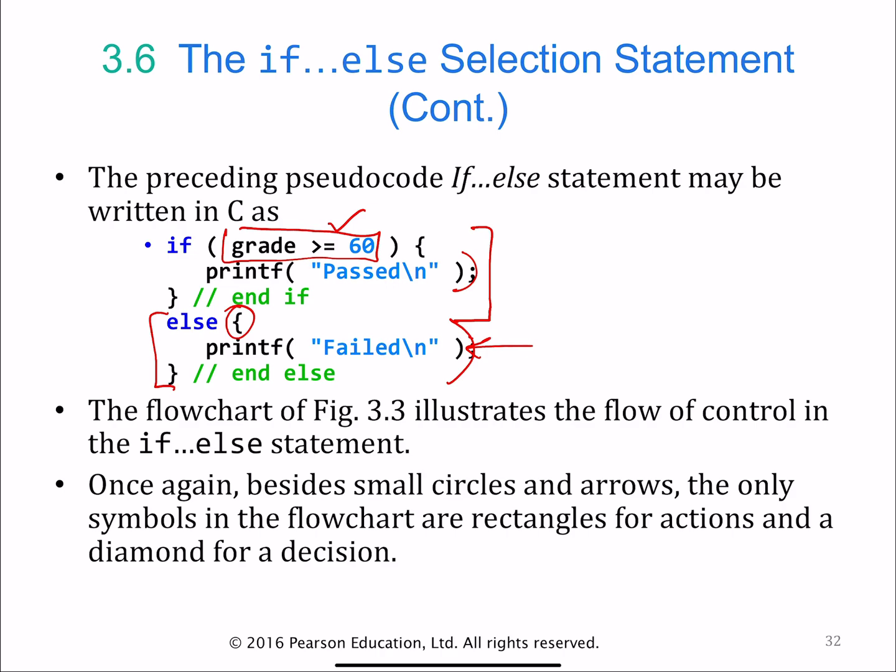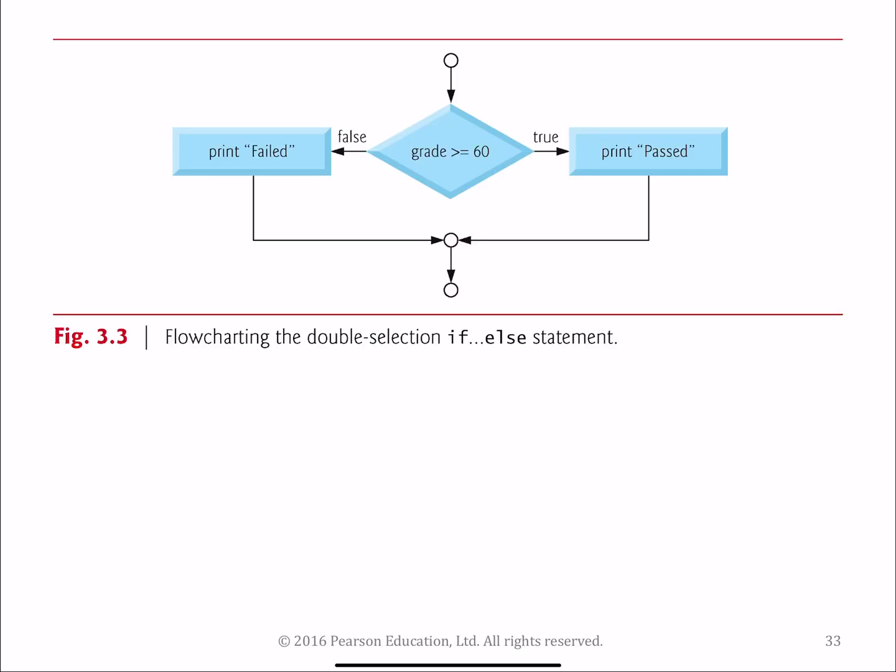The corresponding flowchart for this looks like this. So there are some statements that will be executed if the condition evaluated with the if statement is true, and another set of statements will be executed if that condition turns out to be false.